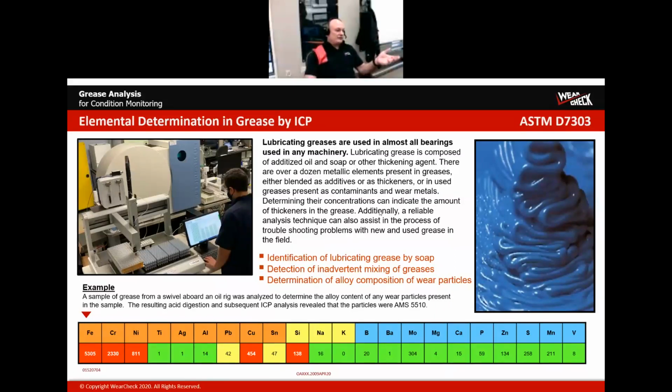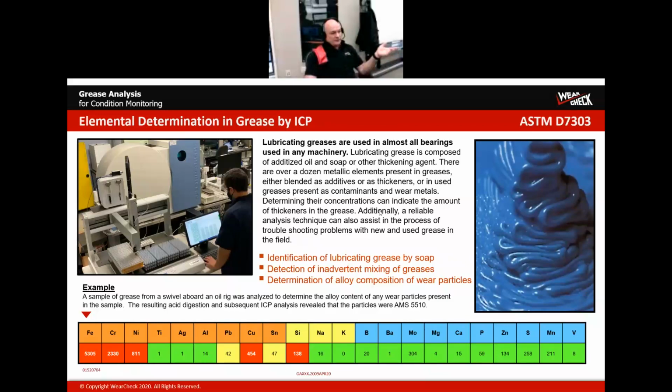In this case, if we were looking at a bearing system with an oil, we would in almost all cases, even when it was an abnormal condition, see 200 ppm or less iron. But in a grease sample, it's not uncommon to see something like this, where you have over 5,000 ppm.